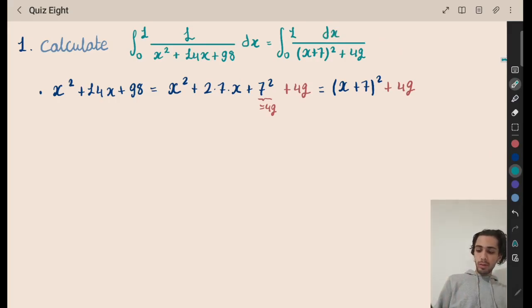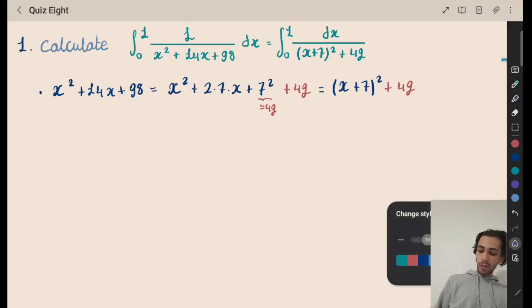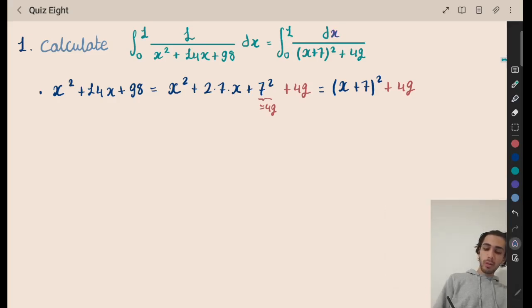And just as a brief note, because we will use this in a moment, these boundaries are always with respect to the variable of integration. So if this is the variable x, then this is an integration from the bound x is equal to 0 to x is equal to 1. Just a brief note, we'll use it in a moment.